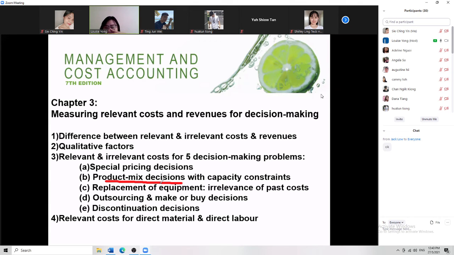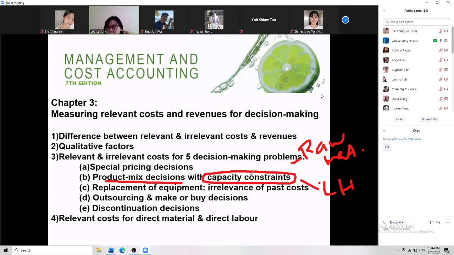Product mix decision, whereby your company runs into a problem. Let's say you have capital constraints. Capital constraints can be many kinds of problems. So you need to find out what your company's capital constraint is. For example, in terms of raw material, maybe in terms of your labor hours, or maybe in terms of your machine hours.